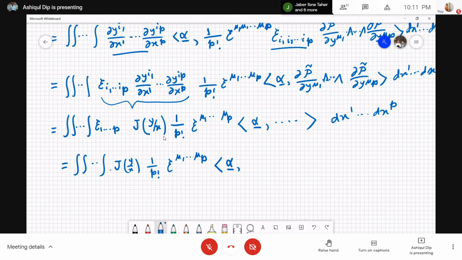Okay. So you remember this thing? This object can be written as p factorial E mu1, mu2 up to mu p, then delta p tilde by delta y1 wedge up to delta p tilde by delta yp. Remember?